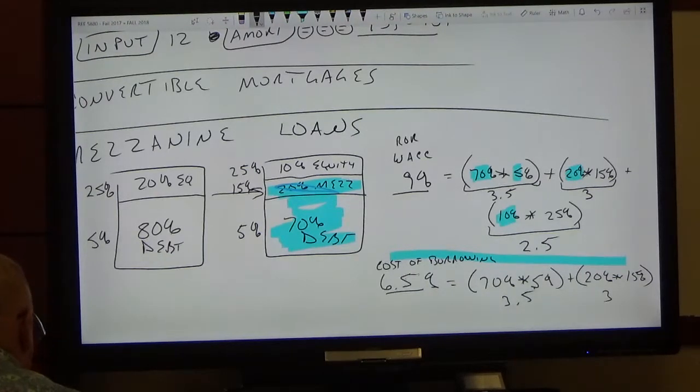So you get 6.5%. Which is minus like the equity. Right.